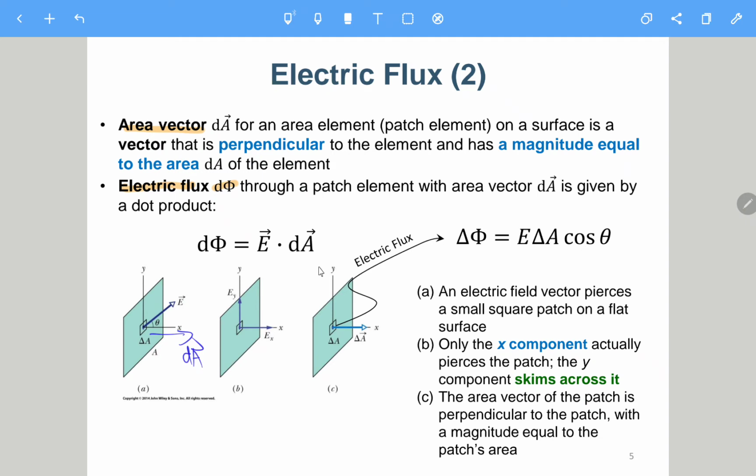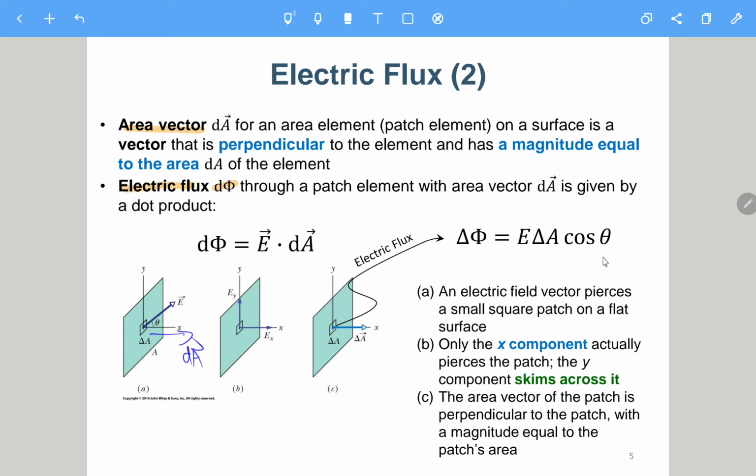So if theta is between 0 and 90 degrees, then cosine of theta is positive, and so the electric flux is positive, just like what I've mentioned. It's like the E field has a similar direction with dA, and dA is always pointing outside of the Gaussian surface.